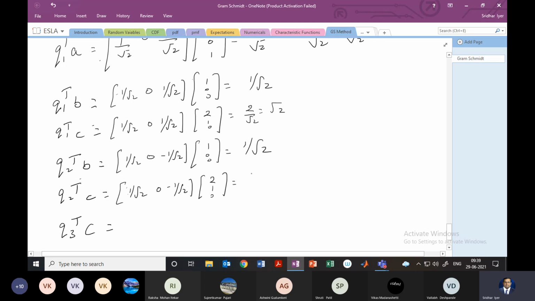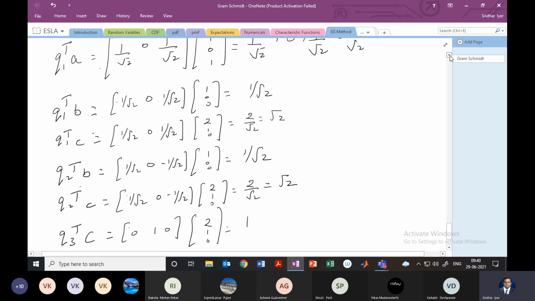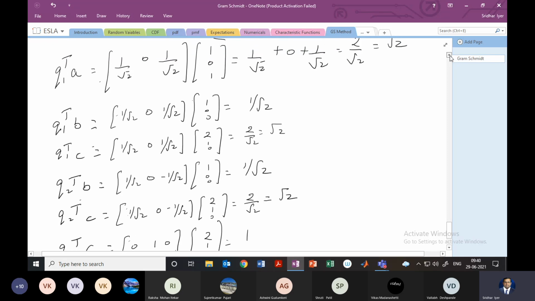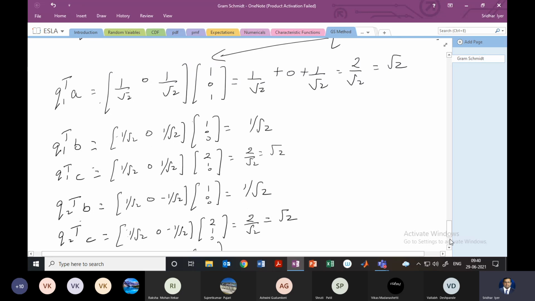So we'll be left with 2 by root 2 plus 0, which will be root 2. Then Q3 transpose C finally is 0, 1, 0 multiplied with 2, 1 and 0. Therefore, this will just be 1. Okay. So please check the answers. Are you getting the same? And Q1 transpose A we had calculated is just root 2.